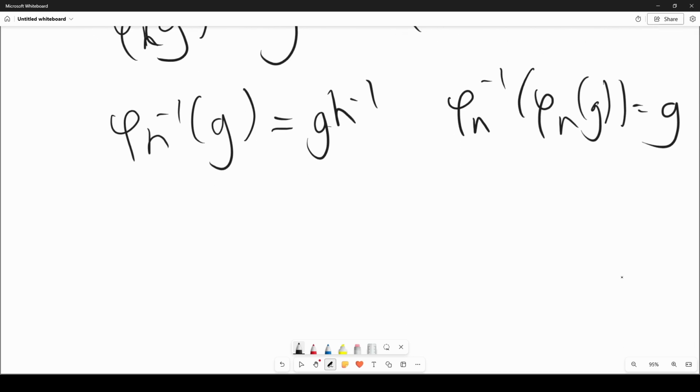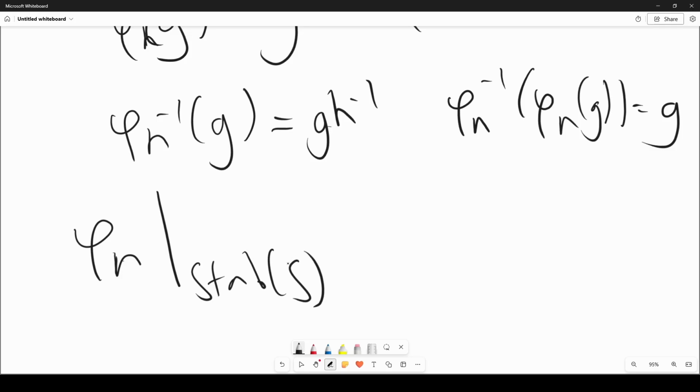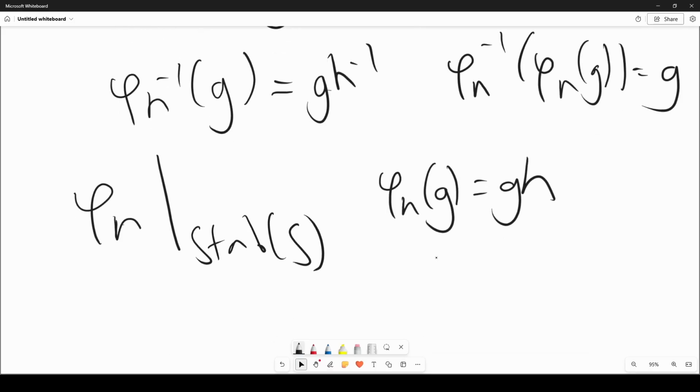Okay. Well, what if I try to restrict phi h? Once again, I'm trying to learn something about the stabilizer. So what if I check phi h restricted to just the stabilizer of S? So what happens if I just let the inputs be in the stabilizer? Well, I get that phi h of g equals g h, but by the definition of the stabilizer, if h is in S, it has to still be in S after I multiply it.